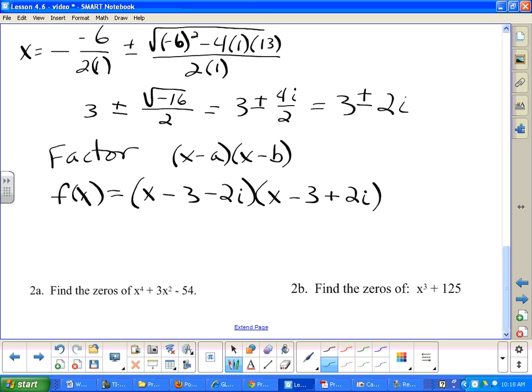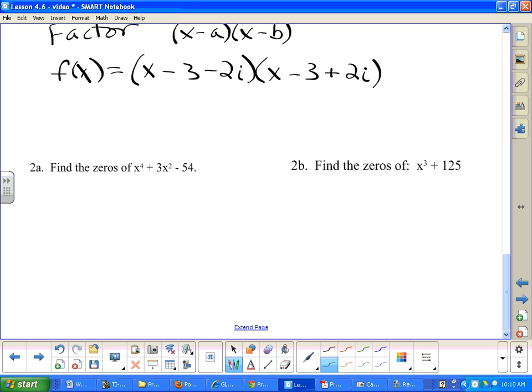And I'm going to go ahead and do one more. I'm going to do this one that I've identified as 2a, and then you can do 2b on your own if you want to. Okay, so here we have a fourth degree polynomial, but there are only 3 terms. So I'm actually going to factor this just like if it said x squared plus 3x minus 54.